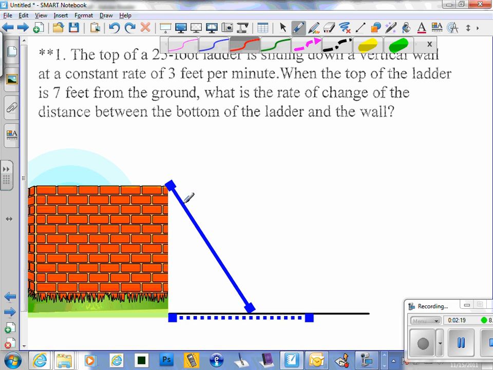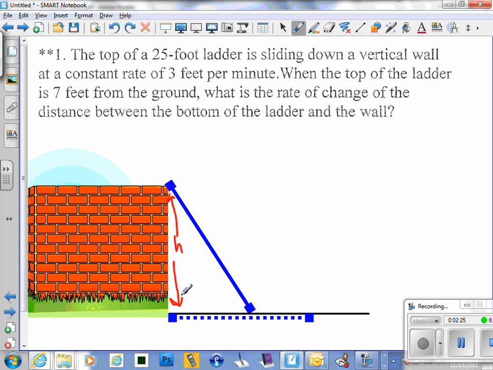When you look at it, you can identify the height. This is the height. And this is the distance of the bottom part of this ladder to the wall, and you can pretty much identify this is going to be a right triangle. So when you start to draw the picture, it's going to give you lots of clues.